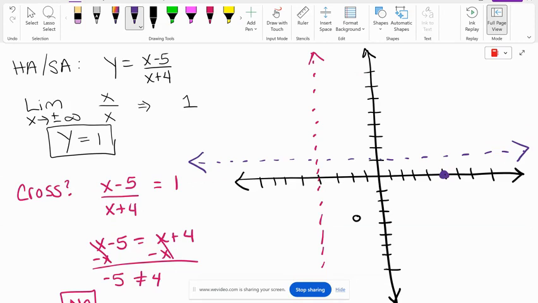So now there's only one vertical asymptote. We need to know what's going on to the left of the vertical asymptote and to the right of the vertical asymptote. Do we have enough guidance for the right part? I think so. So coming here, we're undefined at that open circle, but then we keep going and hug the asymptotes.